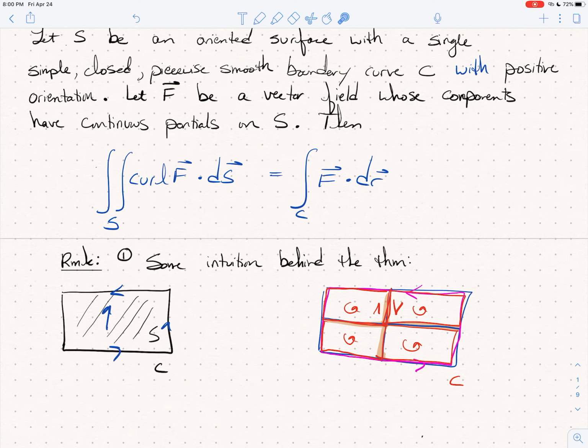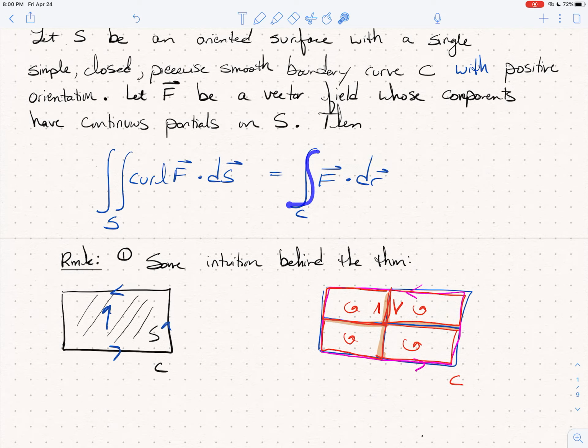Well, when we talked about curl of F, we said that it's telling you something about the rotation of the vector field around your chosen point. And so as you make this grid finer and finer, you can sort of see curl appearing here, and everything else cancels out, and you're left with this C. And remember, the line integral of F along C, we said that's the same thing as work.